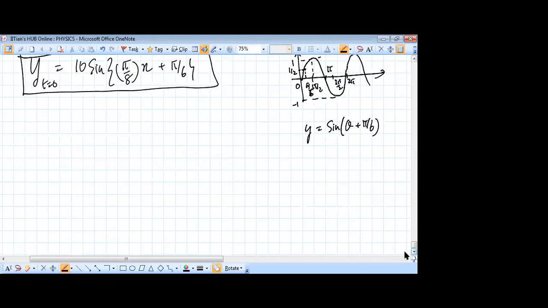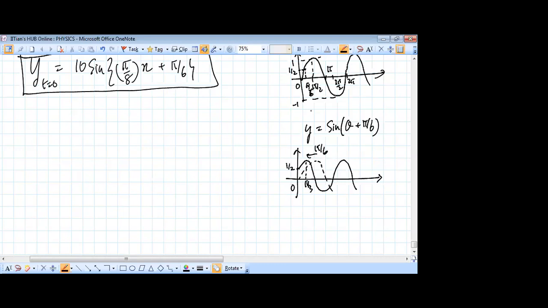So how does this graph look now? This one looks like this. Compared to the earlier one, you can see it shifted pi by 6 in this way. So the value is half at 0, and at pi by 3 it reaches the peak.